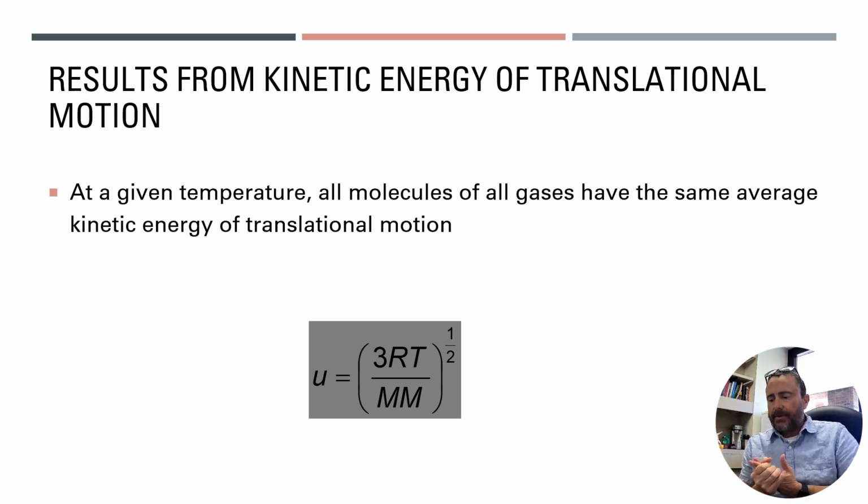Right, at a given temperature, all the molecules of a gas have the same average kinetic energy. Now that doesn't mean each one of them has the exact same kinetic energy. It's just averaged over them all. They're going to average out to have the exact same average kinetic energy. And we can calculate that.